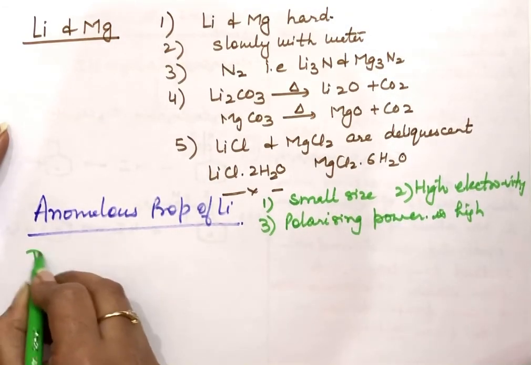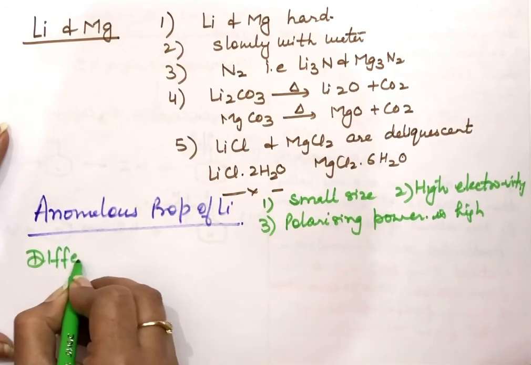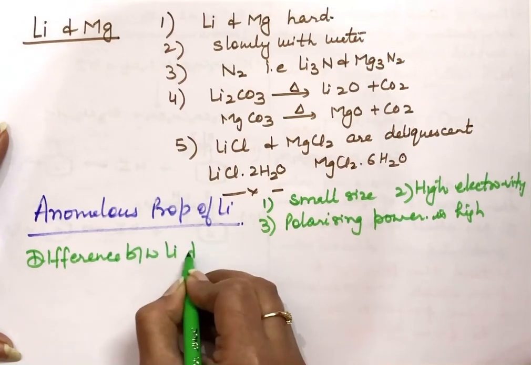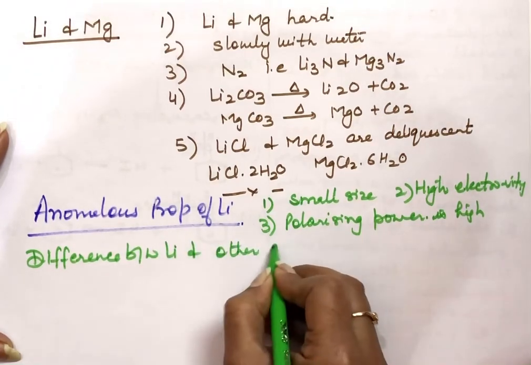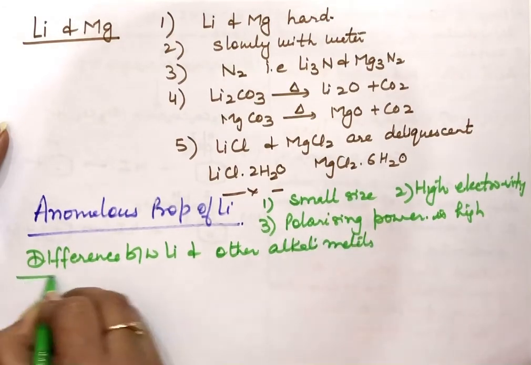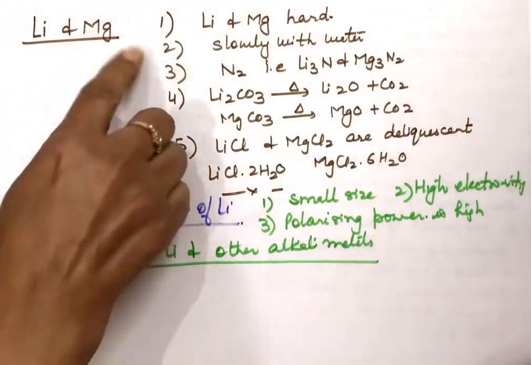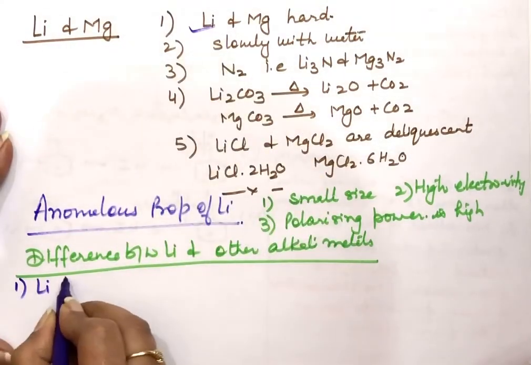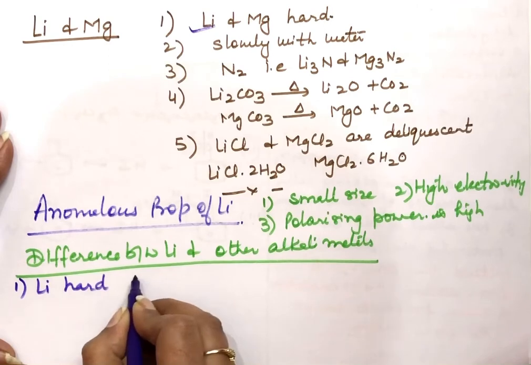The reason for anomalous properties of the first element of any group is this. Now which properties of lithium do not match with other alkali metals? See what we have written in the similarities. It's hard, while other alkali metals are soft.